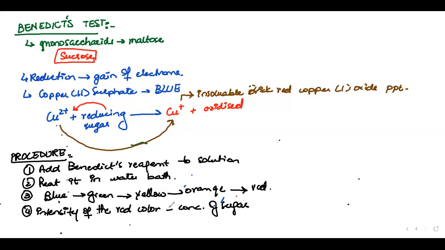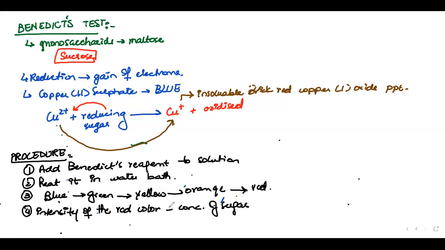And we can actually use this to estimate the concentration of a sugar. If I have a sample and I want to estimate how much reducing sugar is inside of it, I can take the intensity of the red color and use that to estimate.